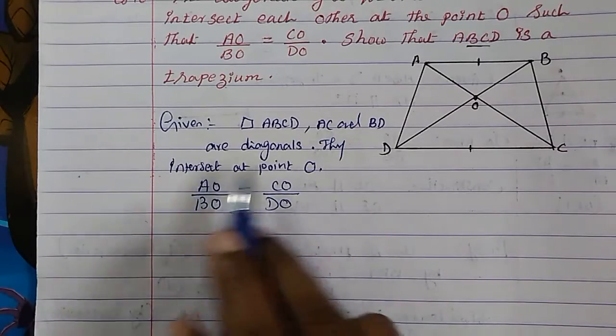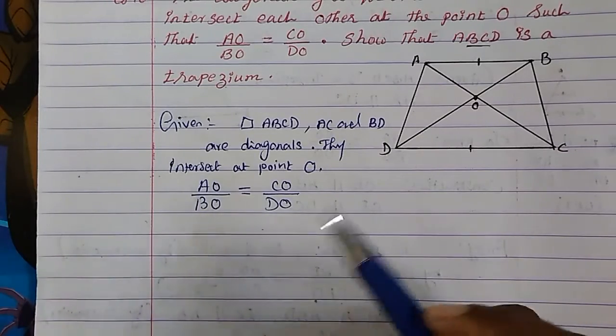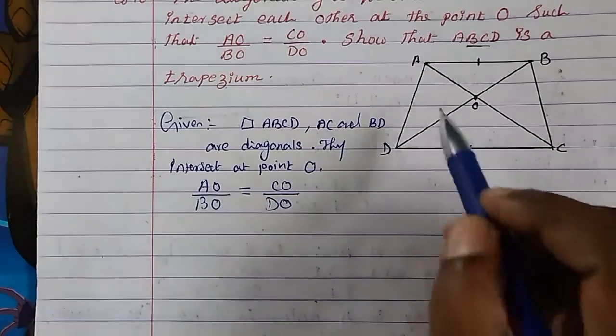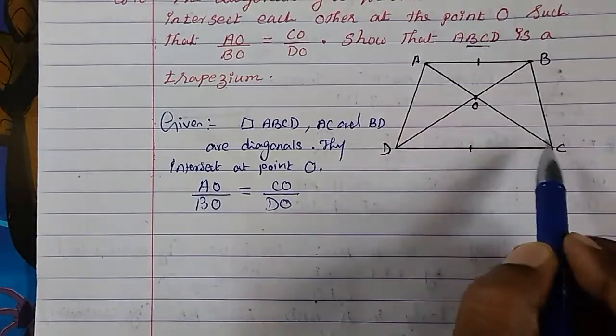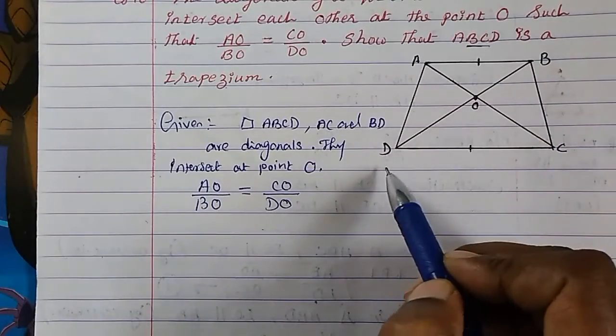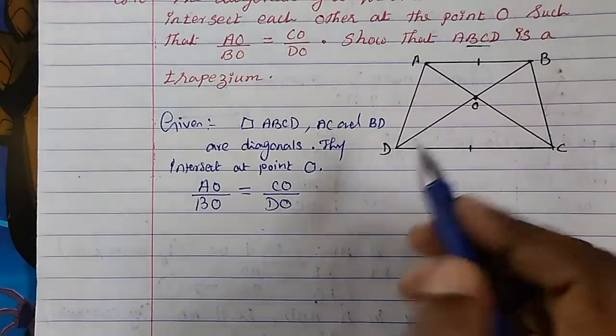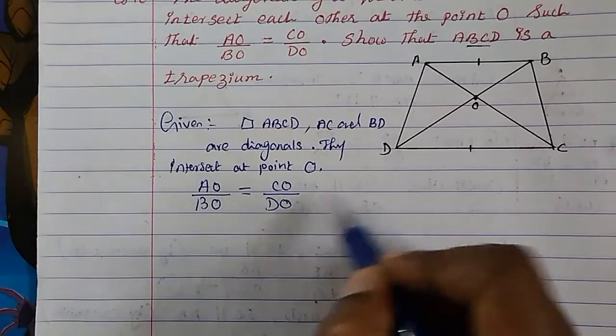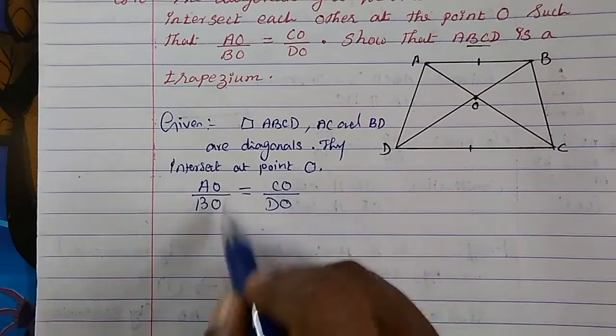So now what we will do, this we will just make it like AO upon BO. Instead of that, this ratio we will write like this: AO upon OC equals BO upon OD. That way we will take it, because then it is easy for us. If we prove it this way, then afterwards when you cross multiply, we will get back to this.